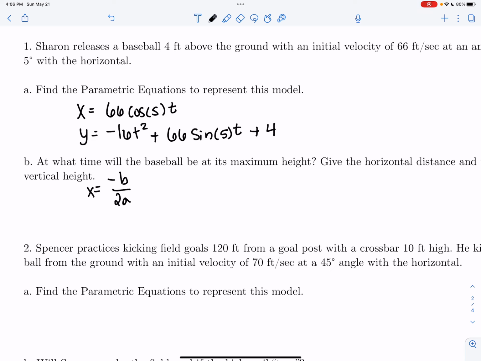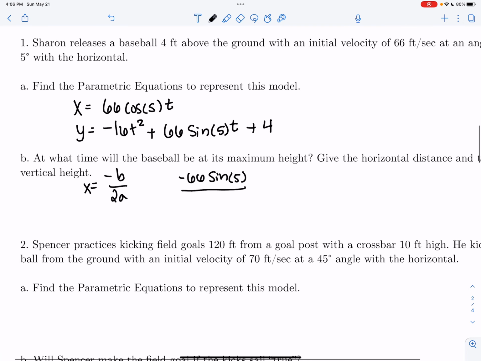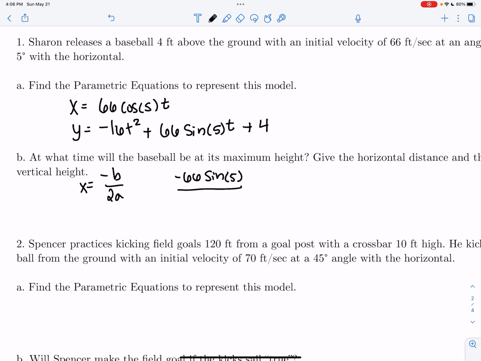This is going to help us a little bit because later on it does ask us to give the horizontal distance and the vertical height. So once we get this x value, we are going to substitute whatever this is into the y to get your maximum height.